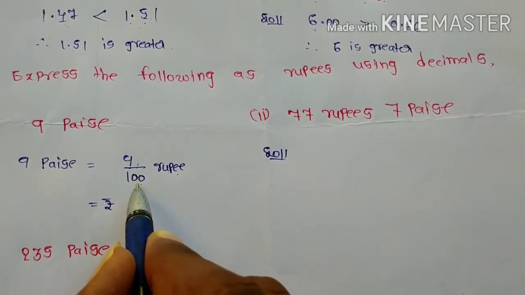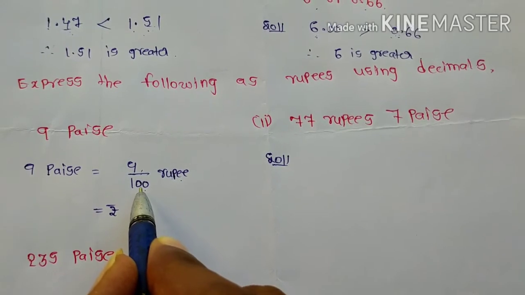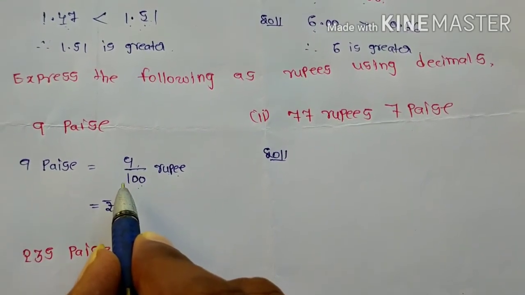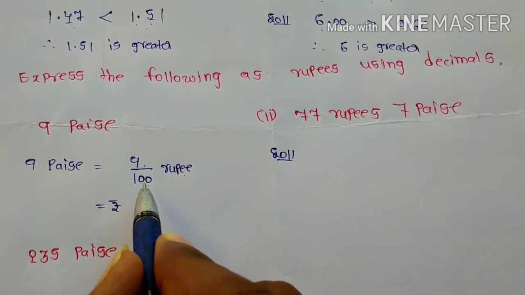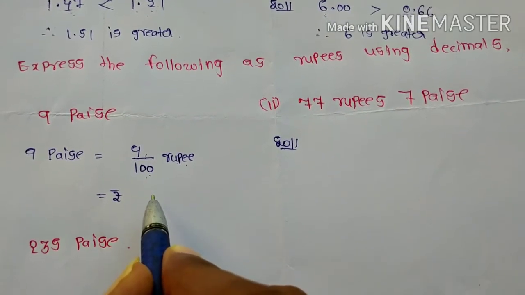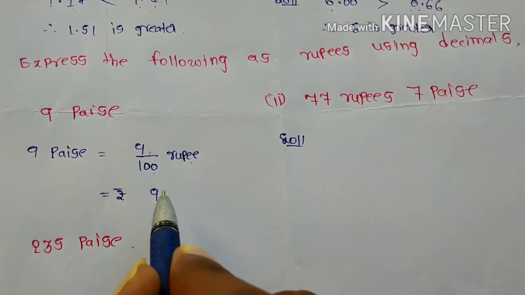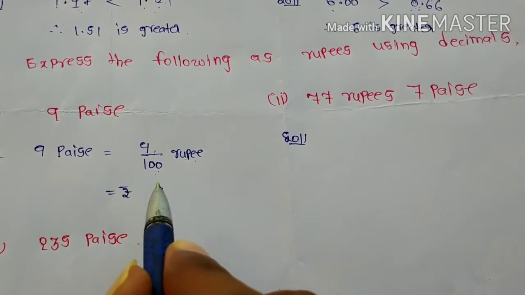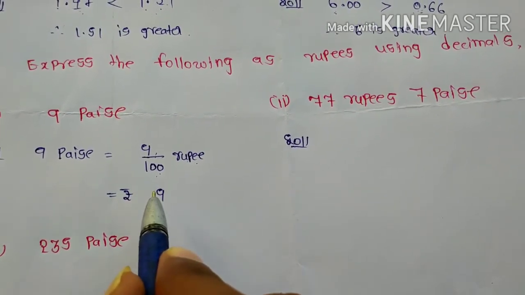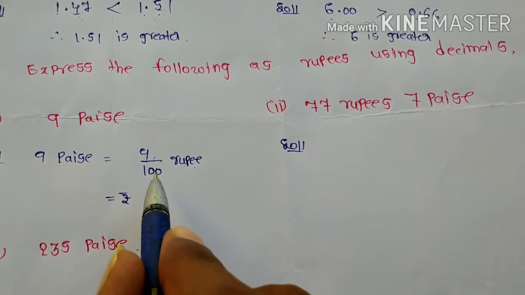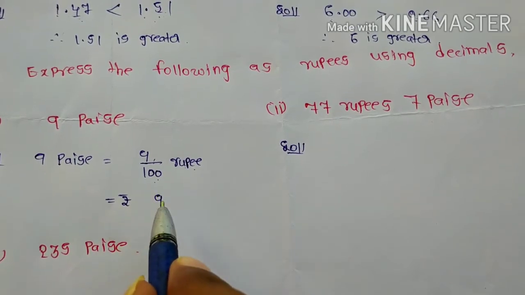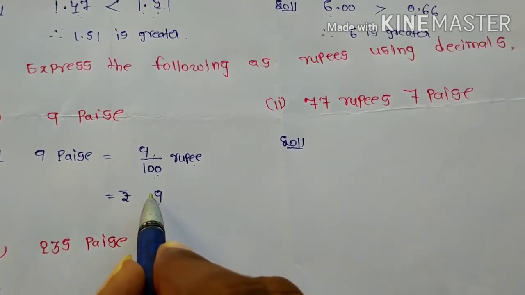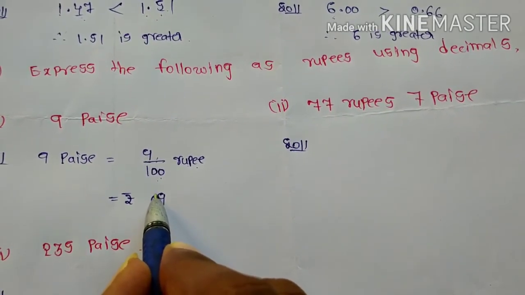See, 9 by 100 means, in the denominator, how many zeros are available? 2 zeros. So first of all you write 9. From the right side you keep the decimal point after 2 digits. This is the first one. You write one more 0.